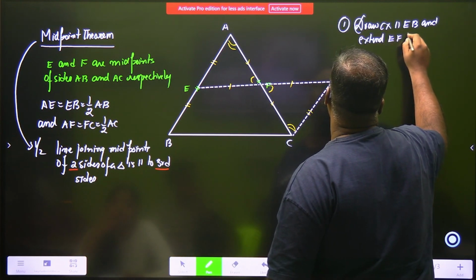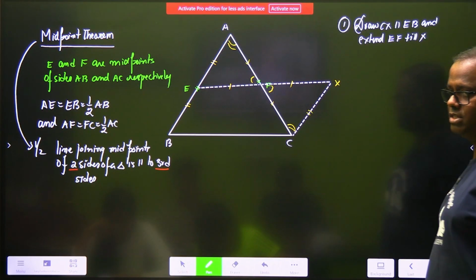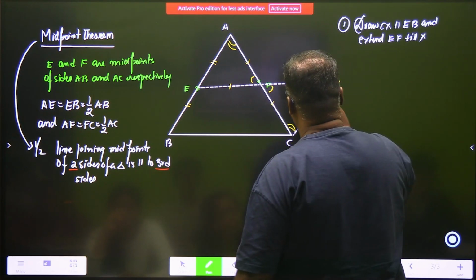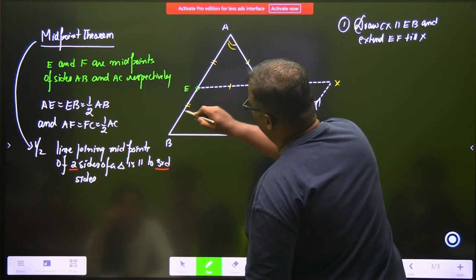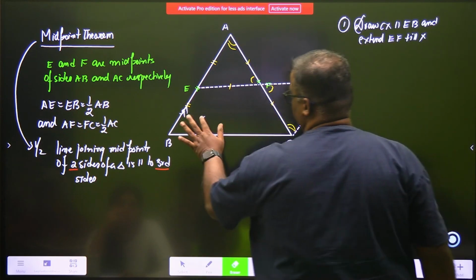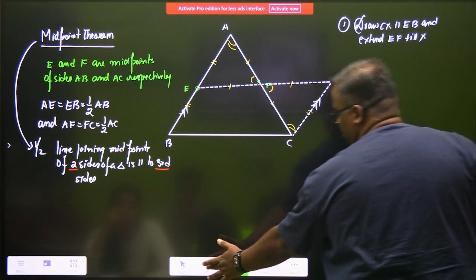You have drawn this parallel to this, and you have extended EF till X. Did you understand this?